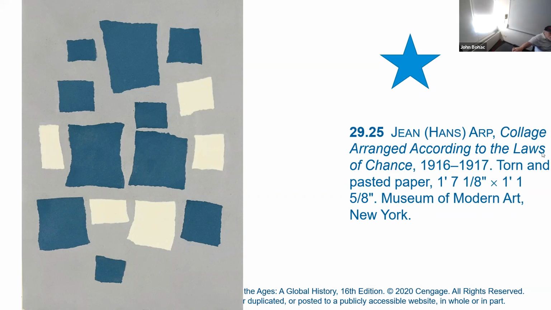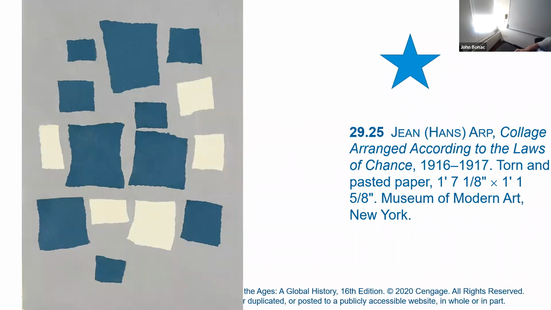Collage arranged according to the laws of chance, torn and pasted paper. So how did he make this? This was exactly in the title. He had a piece of rectangular gray paper. He had white paper.